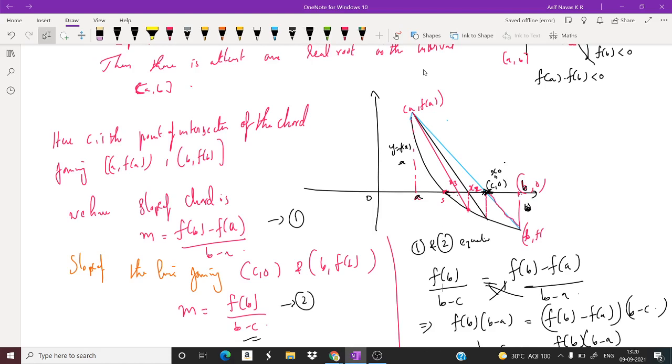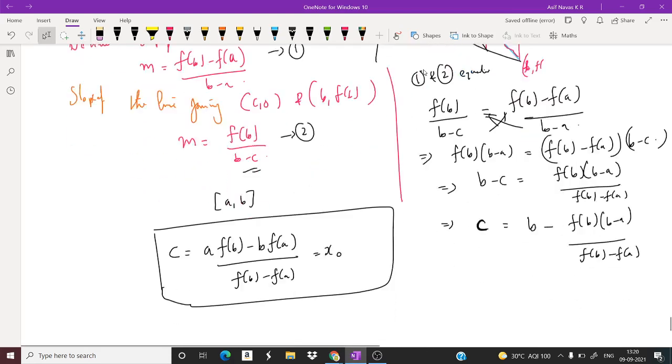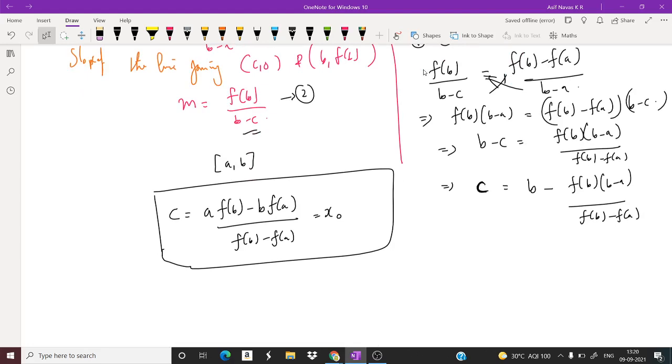So how do we find x naught? Our interval is a to b.